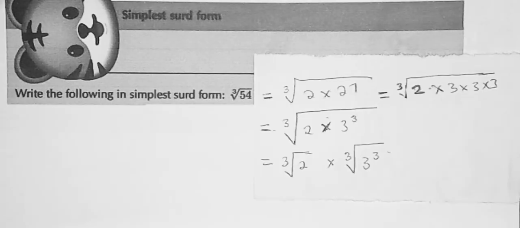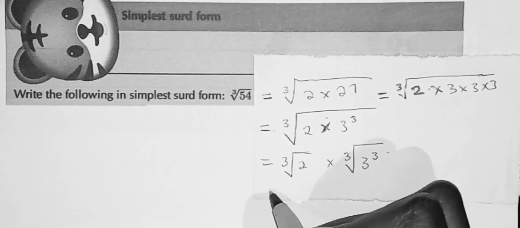So what will be the next step? Okay, cube root of 2 is going to give you a decimal, and then cube root of 3 to the power of 3 is going to give you 3.